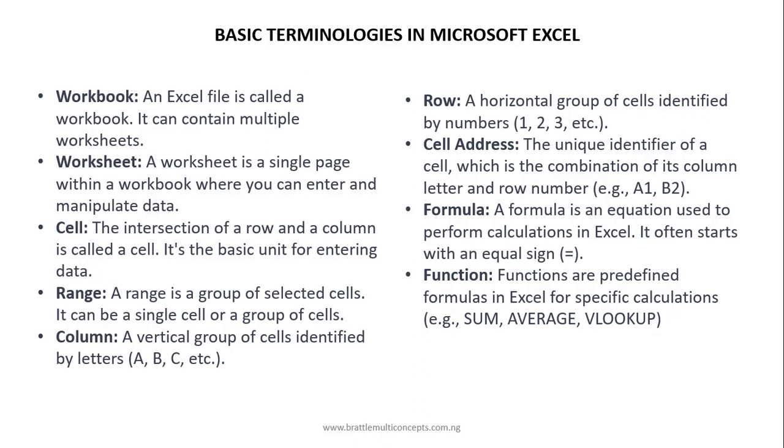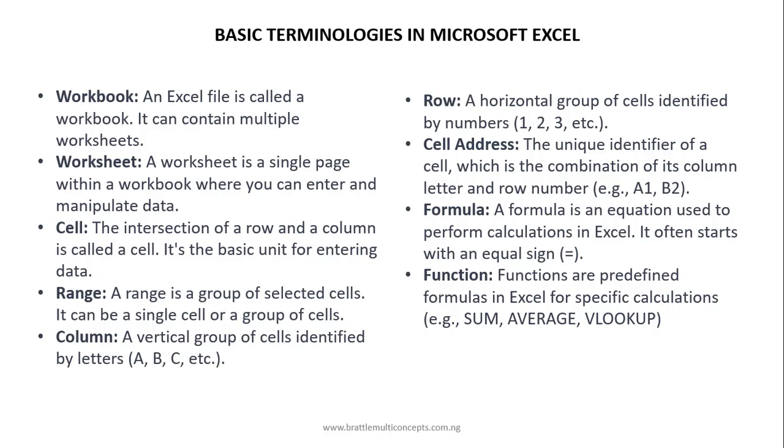In that workbook, we have worksheets. Each of the sheets is just like your normal textbook or notebook, which has different sheets. So I want you to see Excel just like that. Excel is a workbook with different worksheets within it.